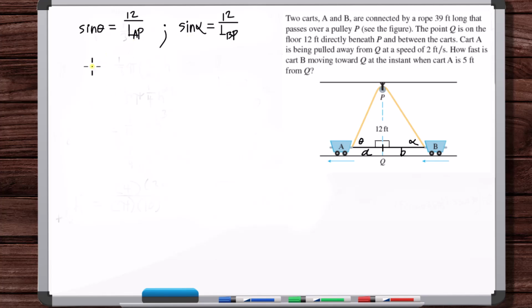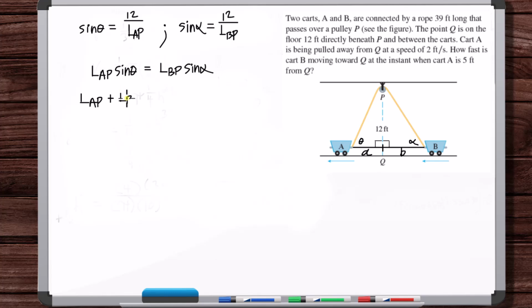So we can say that L_AP sine of theta is equal to L_BP sine of alpha.